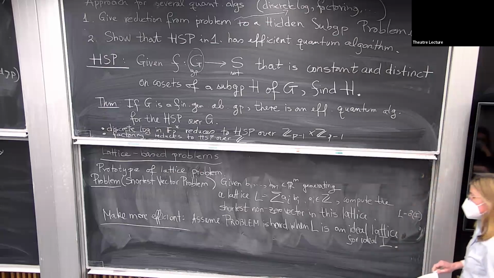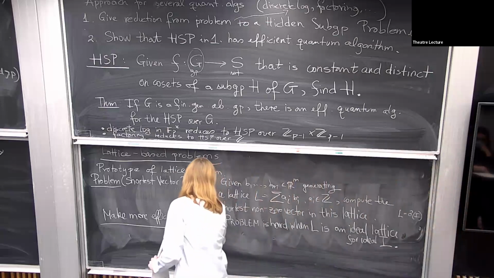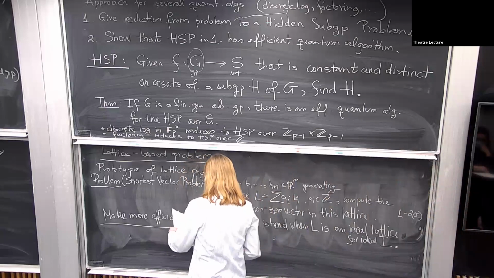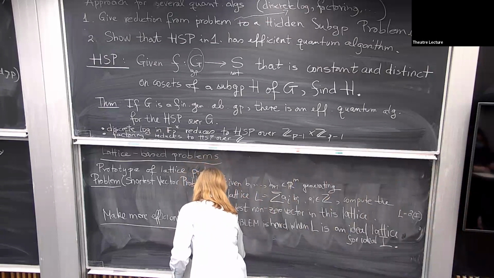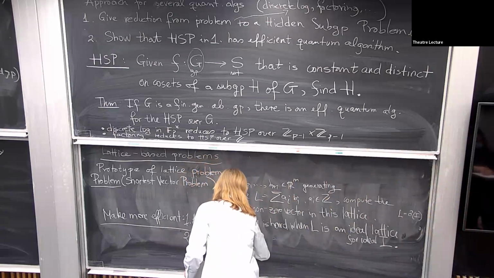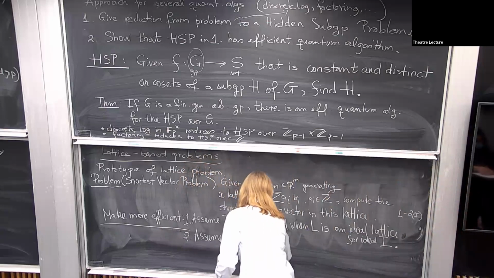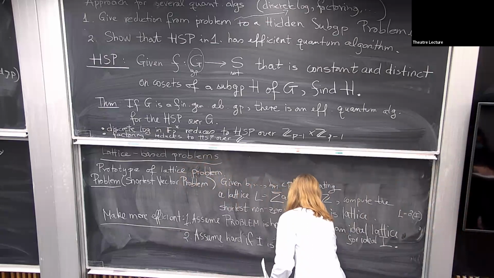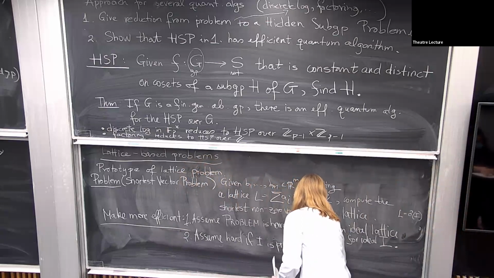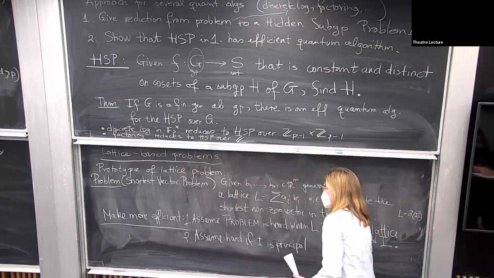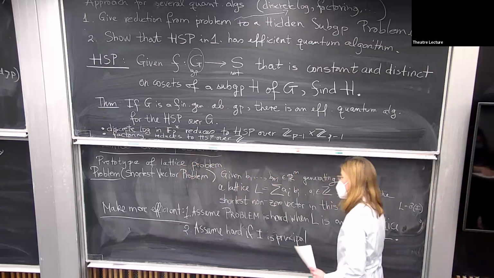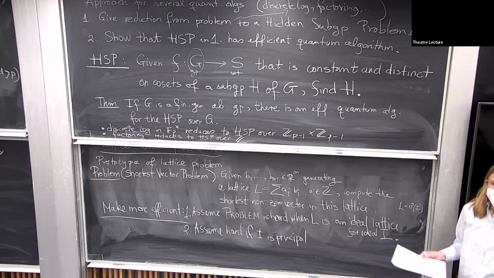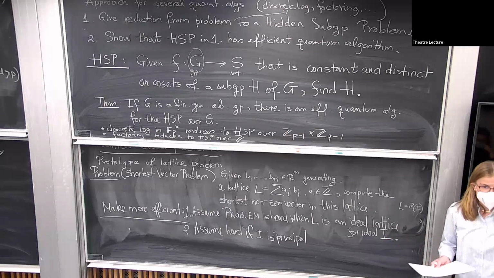Well, what else could I do? I could ask that the ideal be principal. Okay, now I is principal, but what if the generator is really big and I can't even write it down?